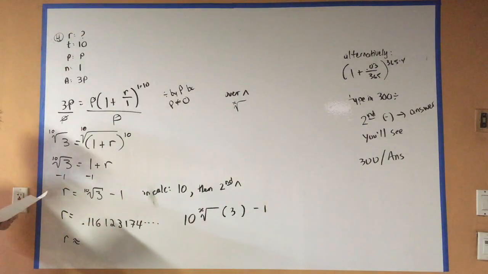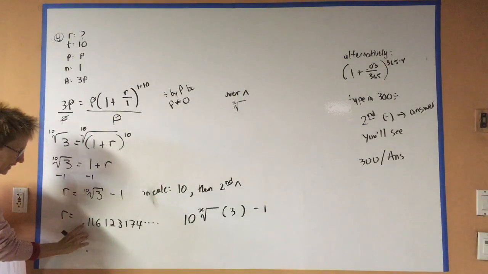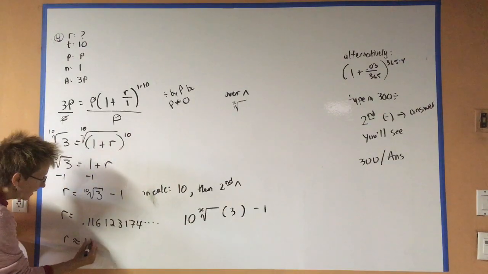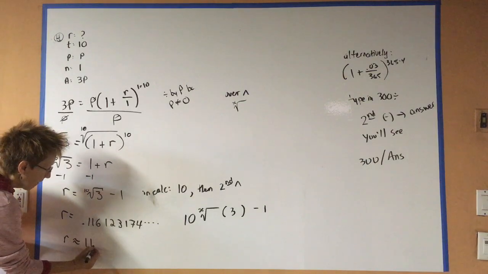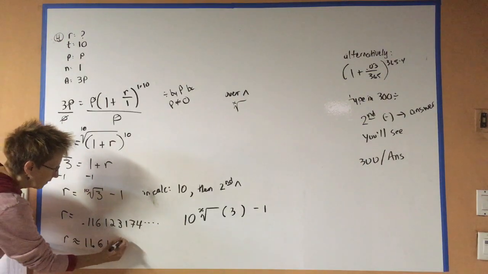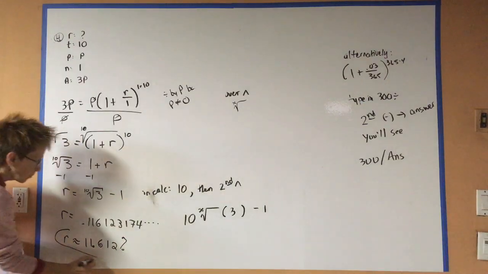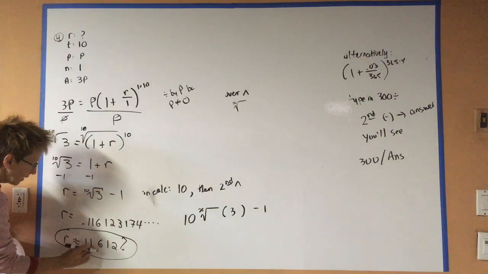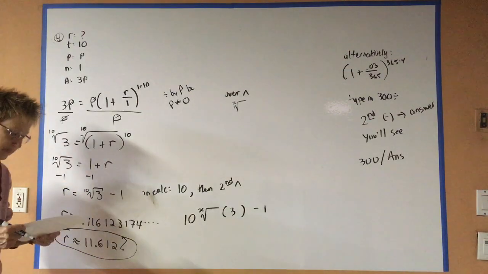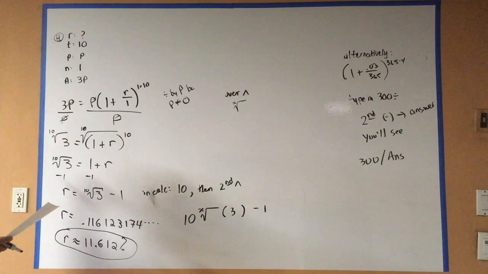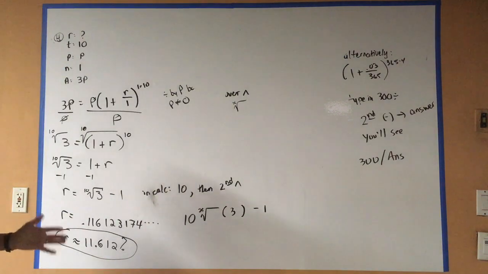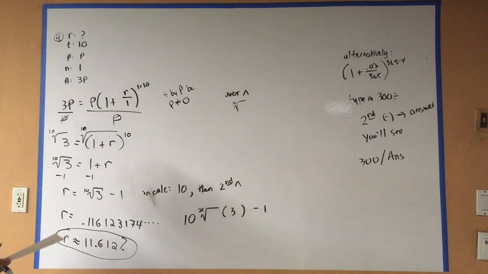As a percent, I move this 2 to the right and I get 11 point 612%. So r is approximately equal to 11.612%. So that's the interest rate I would need to have compounded annually that would triple my investment, no matter what it is, within 10 years.